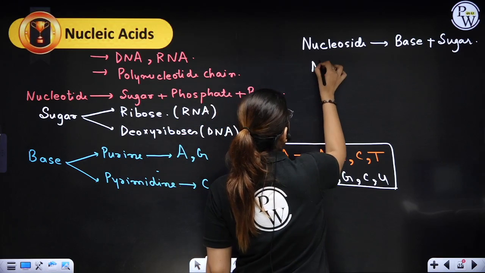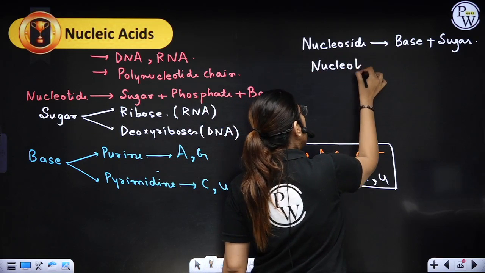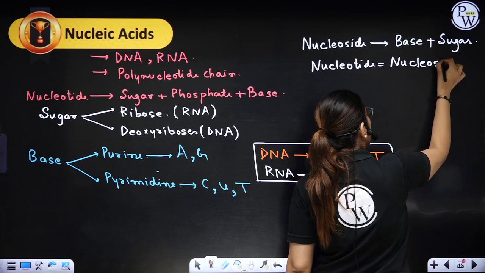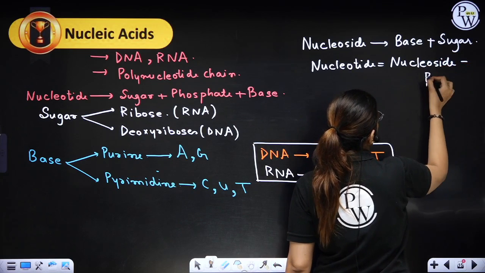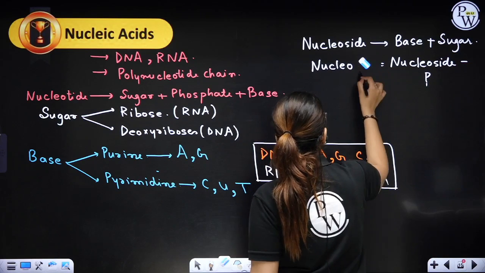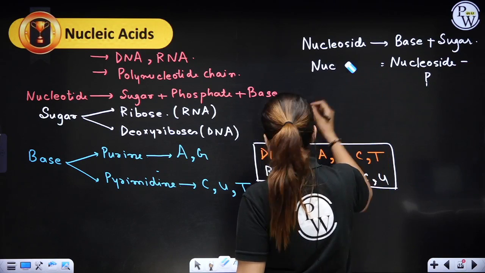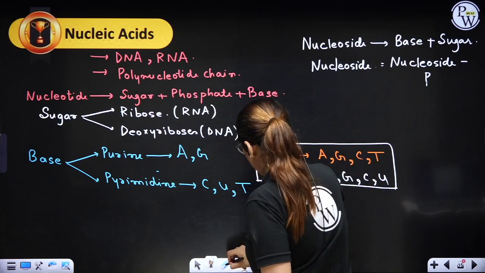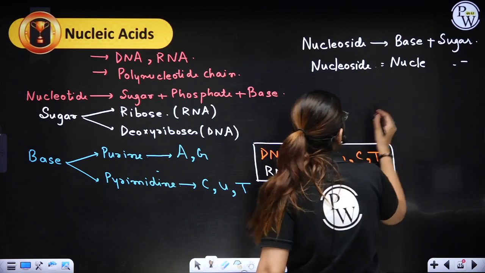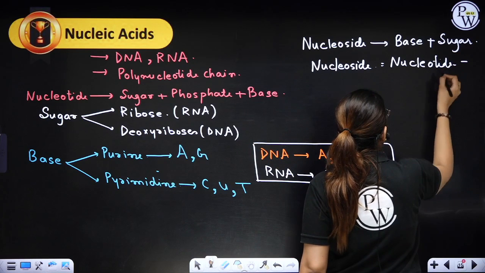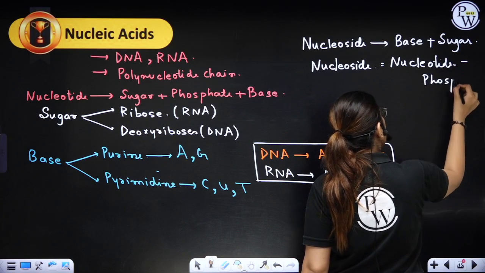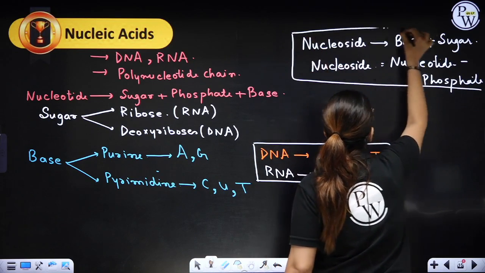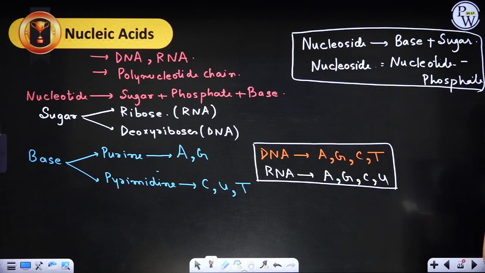So in another way we can write nucleotide is equal to nucleoside plus phosphate, that is, nucleoside is equal to nucleotide minus phosphate. Clear? Yes, buddies. Is it clear?